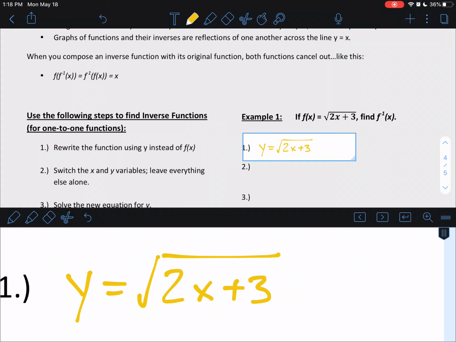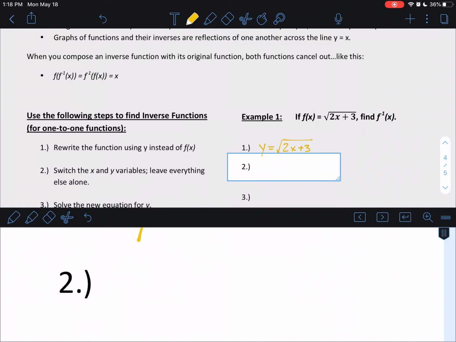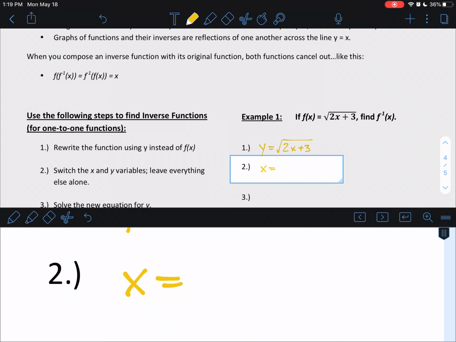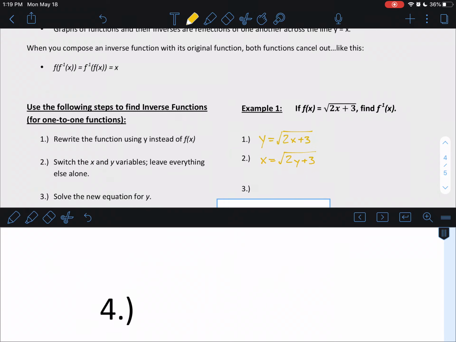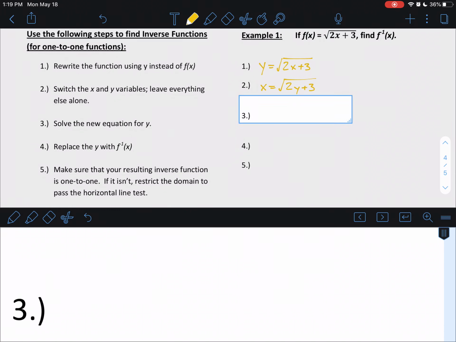And then we're going to switch the x and y variables. And once you do that, we got x equals the square root of 2y plus 3. And then we want to solve the equation for y.